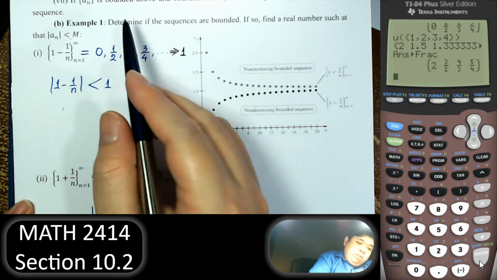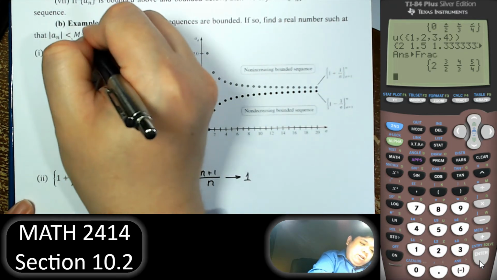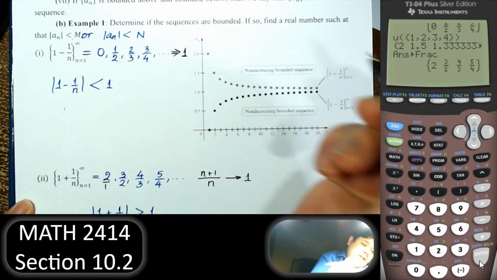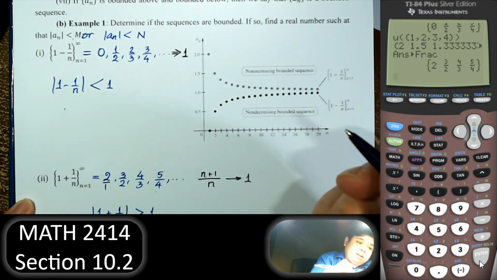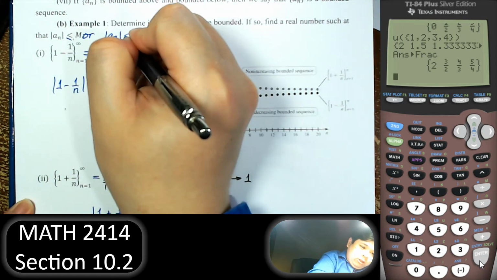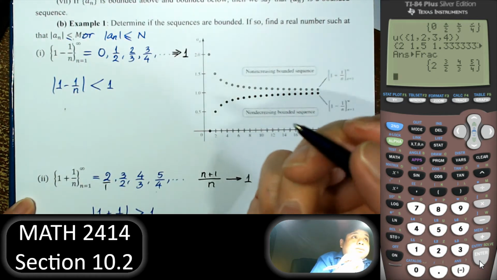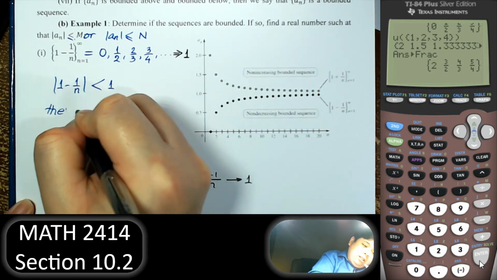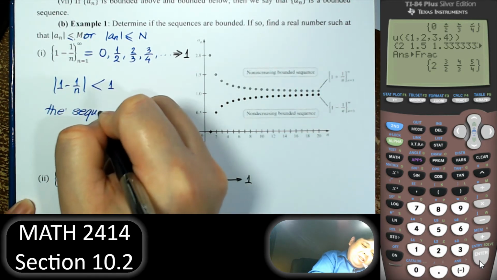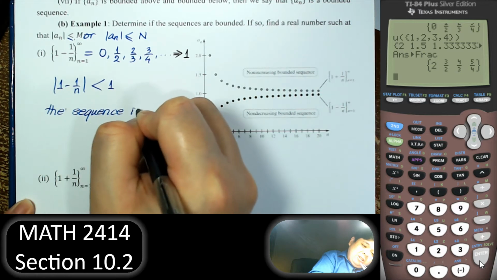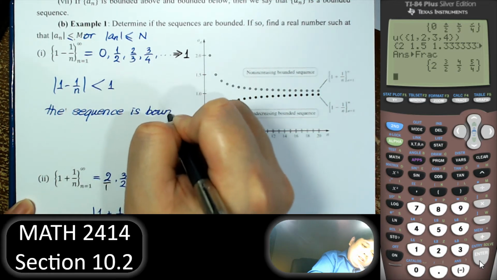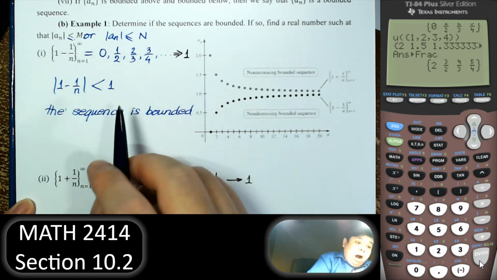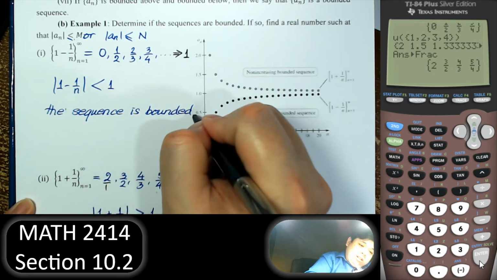No, this is a very bad question. So yes, we say the sequence is bounded. And we can say an upper bound equal to 1.